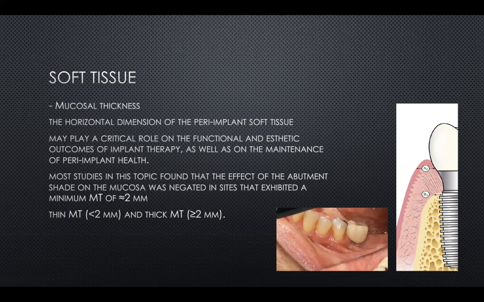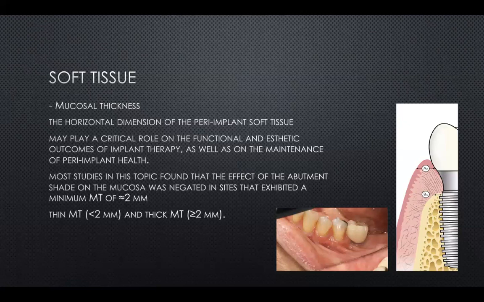And this will again play a critical role in the functional and aesthetic outcome of the implant therapy, as well as the maintenance of peri-implant health. Again, there is a mark of 2 millimeters, where less than 2 millimeters is considered thin, and more than 2 millimeters is considered thick.